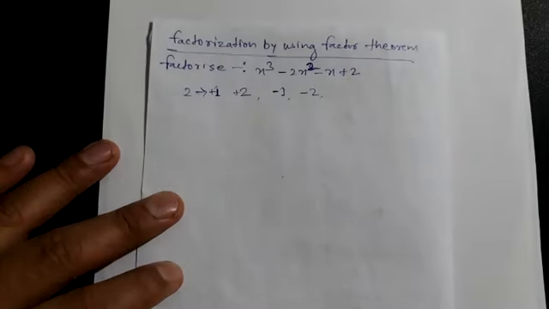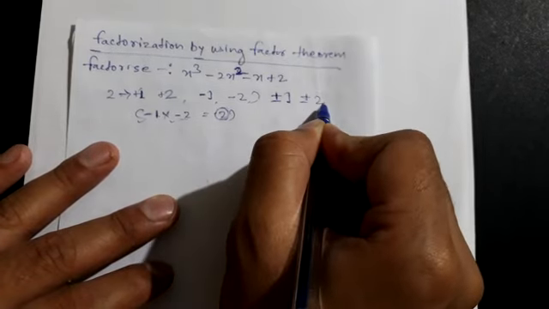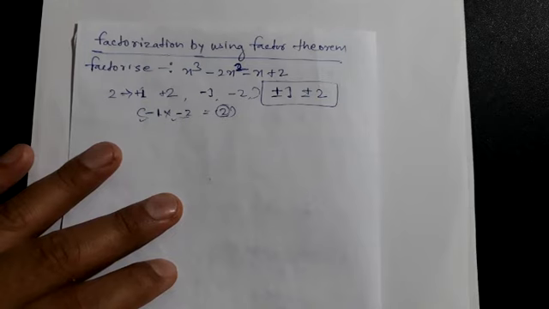So minus 1 and minus 2 are also factors of 2. So all possible factors of 2 can be written in this form: plus minus 1 and plus minus 2. Getting this or not? So we take all possible values, plus 2, plus 1 as well as minus 1, minus 2.